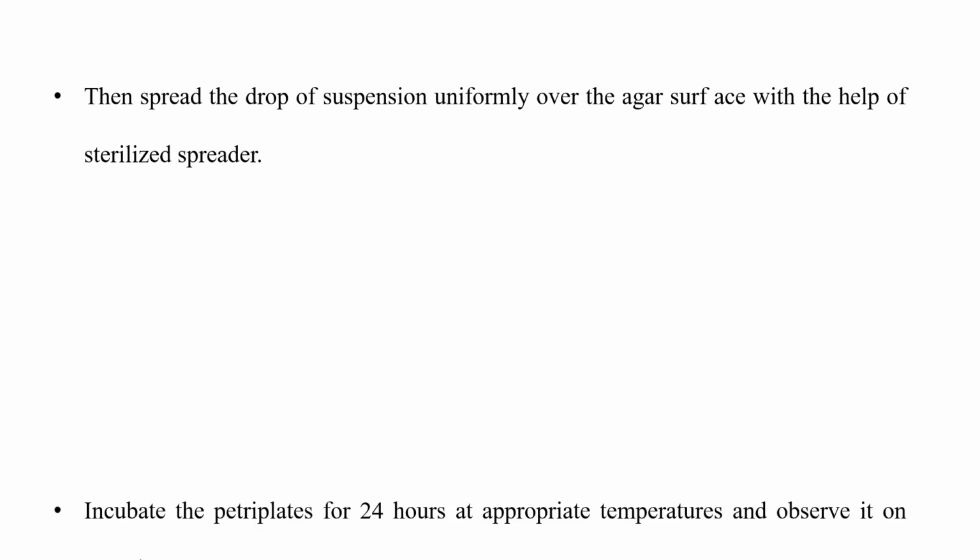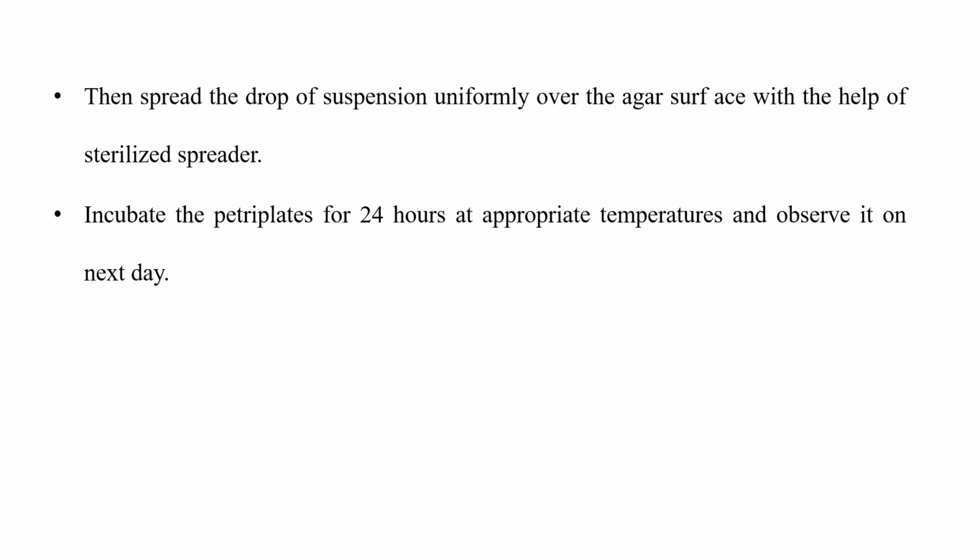Then spread the drop of suspension uniformly over the agar surface with the help of the sterilized spreader. Incubate the Petri plate for 24 hours at appropriate temperature and observe the colonies on the next day.